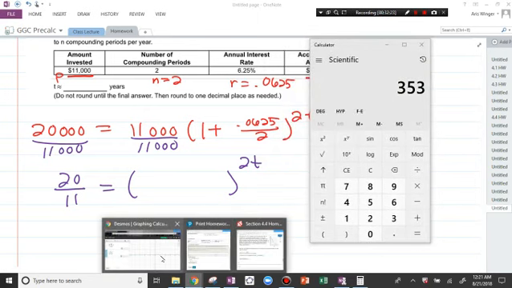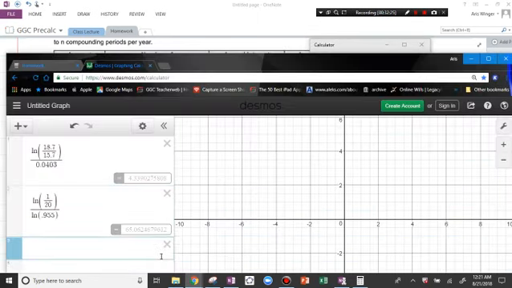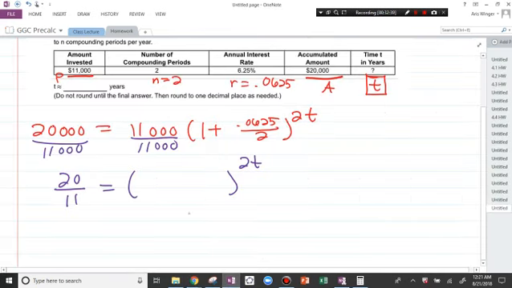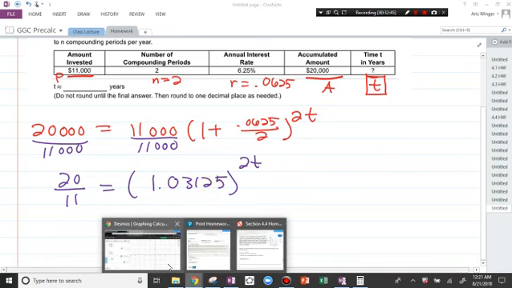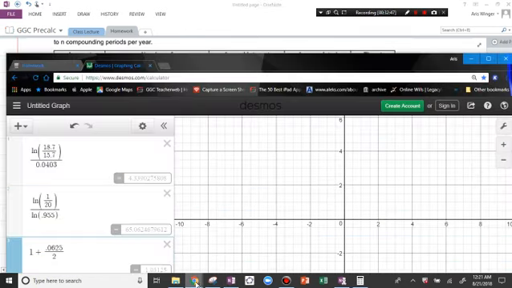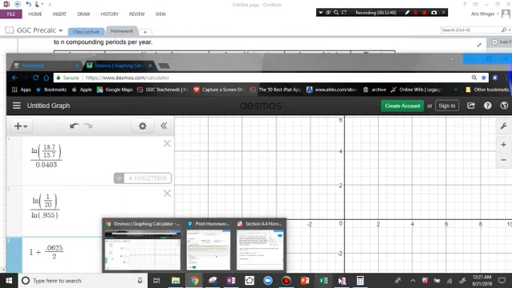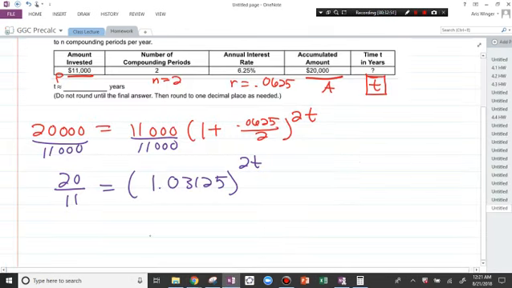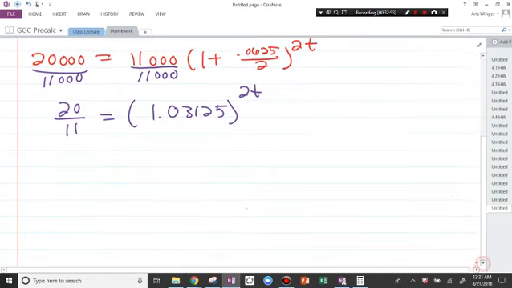Actually, let me just use decimals. It's 1 plus 0.0625 divided by 2. And they've got 1.03125. I do want to double check that. 1.03125. Okay. All right, and now we're at log town.